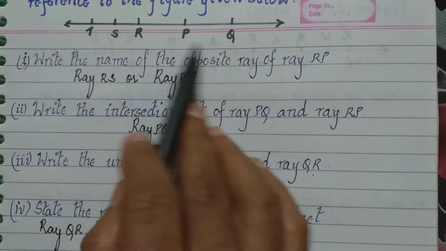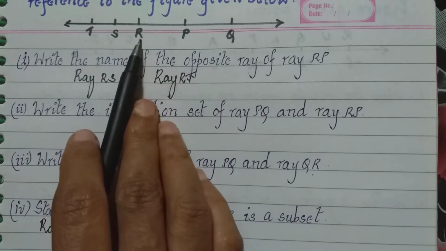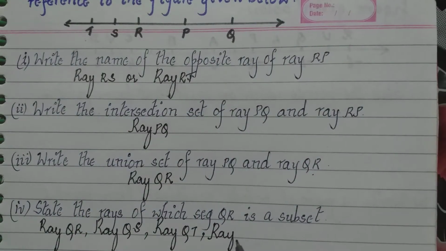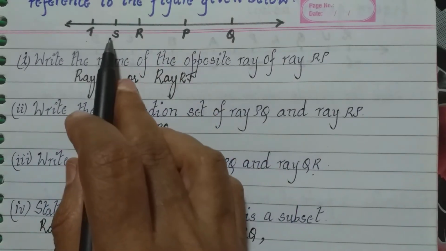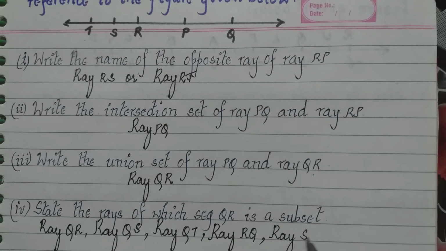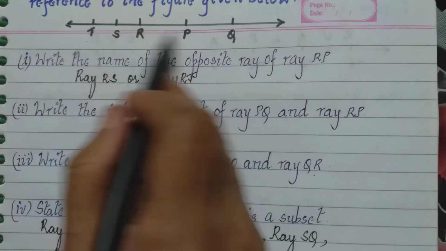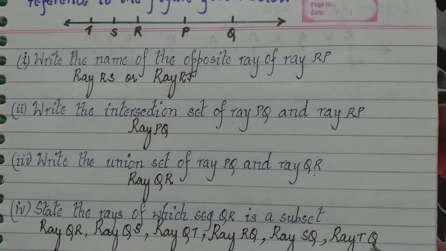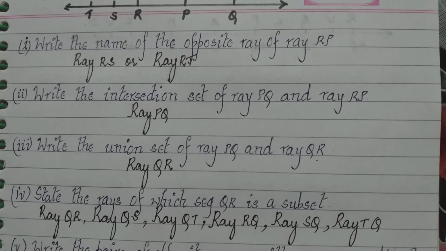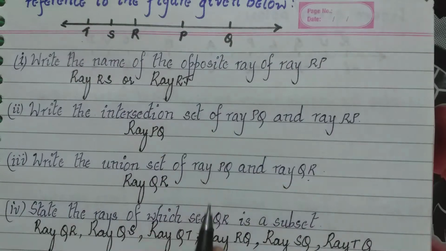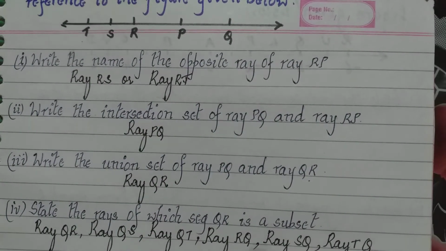Now we take ray RQ. Also we have the ray from this point further, ray SQ. Next to S we have the point T. So ray TQ also. In all these rays you will see that this segment QR is a part of it. Subset means it is a part of these rays.